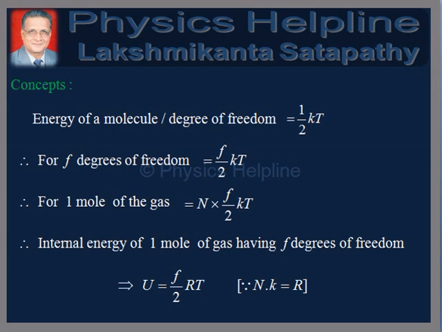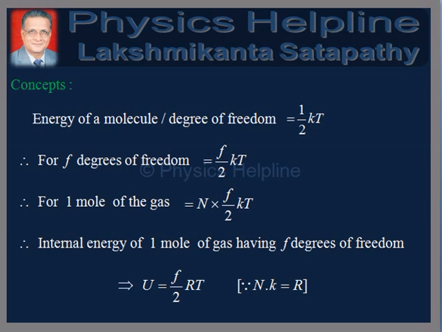Before proceeding to solve the problem, let us recall the related concepts. The kinetic energy of a molecule of ideal gas per degree of freedom is equal to half into kT, where k is the Boltzmann constant and T is the absolute temperature of the gas. Therefore, for f degrees of freedom, it is equal to f by 2 into kT.